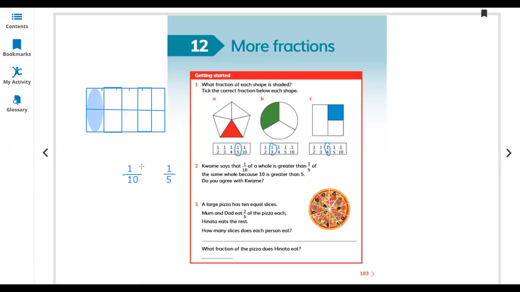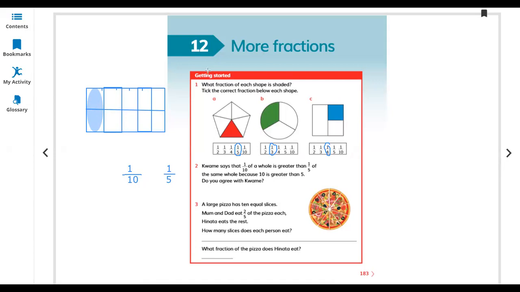So 1 by 5 is greater than 1 by 10. For it to be equal, 1 by 5 equals 2 by 10, but it's 1 by 10, which means out of 10 only one part is colored. So you can see this shape was 1 by 5. I changed it into 2 by 10, into two parts. If I erase this part, it's 1 by 10 and it's smaller than 1 by 5.